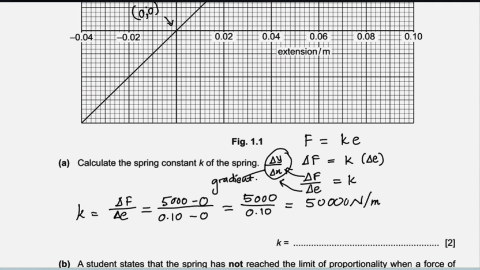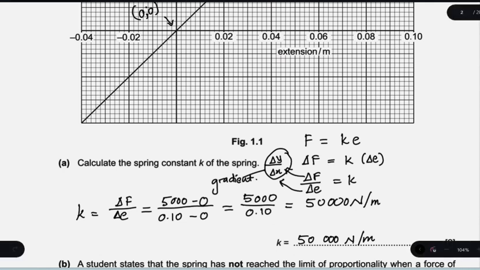Yeah, 50,000, sorry, not 5,000. So the value of K is 50,000 newtons per meter. One can turn this into 50 kilonewtons per meter, which is still okay. So on a force extension graph, the gradient of the line will always give us the spring constant.